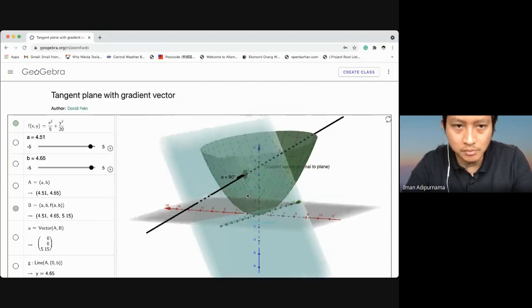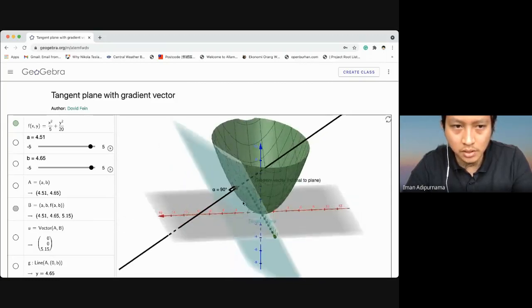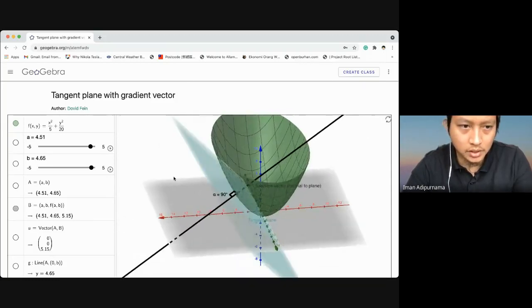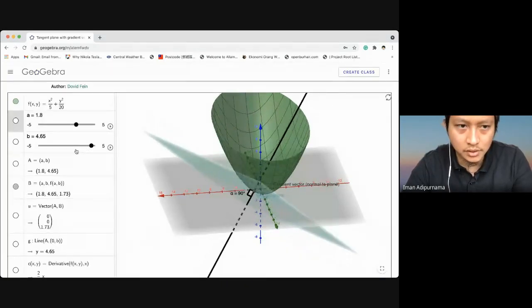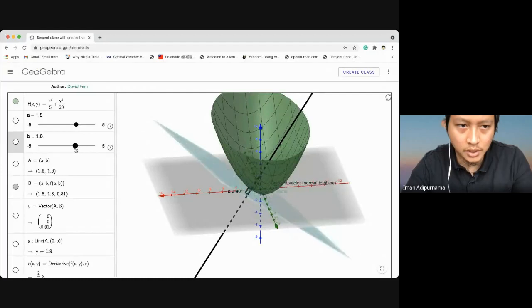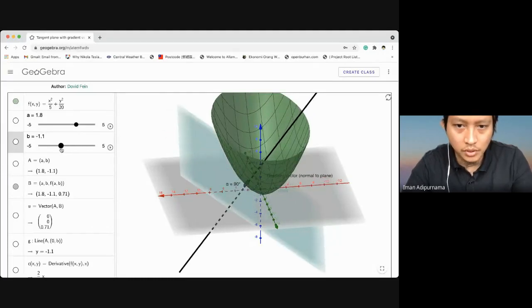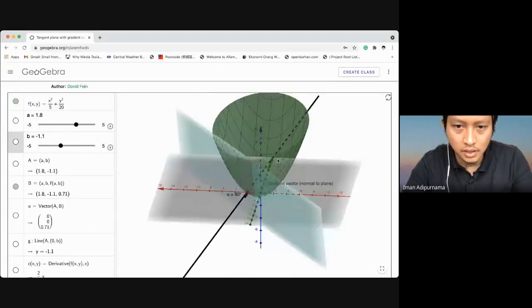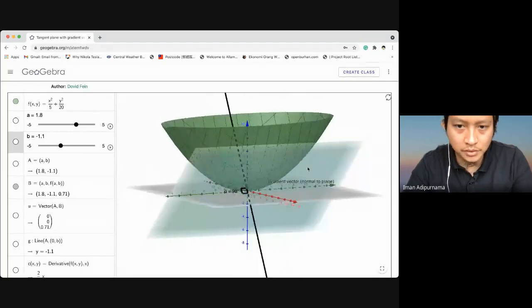So let's say we have a point, and we are changing our point, changing our A and B, we can also see that our tangent plane is also changing.